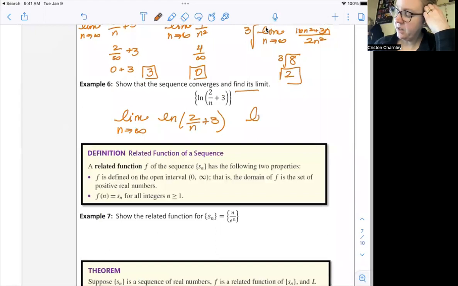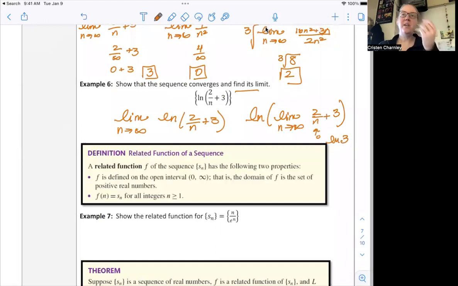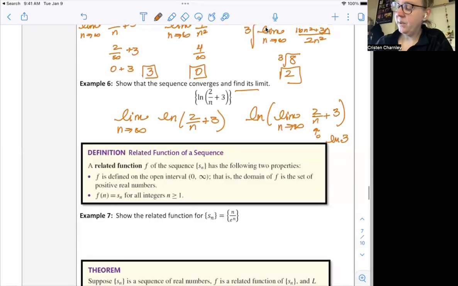This can be the natural log of the limit as n approaches infinity of 2 over n plus 3. This piece becomes a 0. So now I have natural log of 3. Natural log of 3 is a value. It's a number. It doesn't go to infinity. If it went to infinity, we would say diverges. But we got an actual answer, so we get to say this converges.